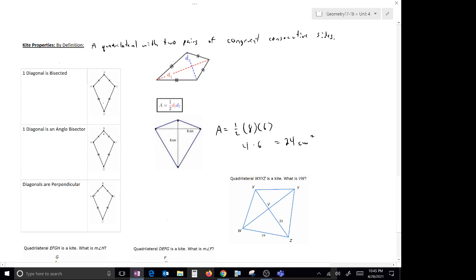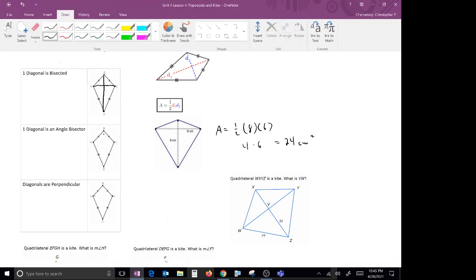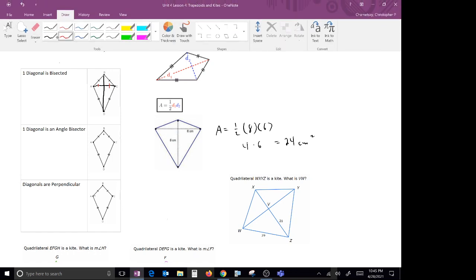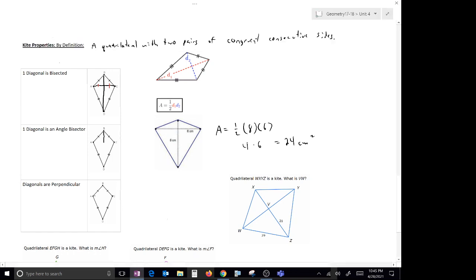Kite properties: when we draw our diagonals, one of those diagonals gets split in half. It's pretty obvious it's this horizontal one that's going to get split in half. So one diagonal is an angle bisector, which is going to be this vertical one here.